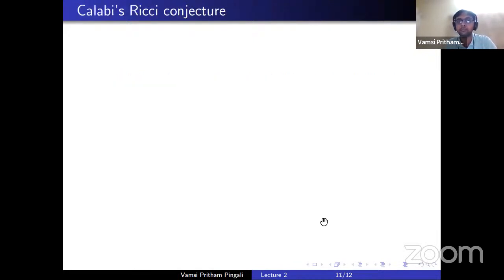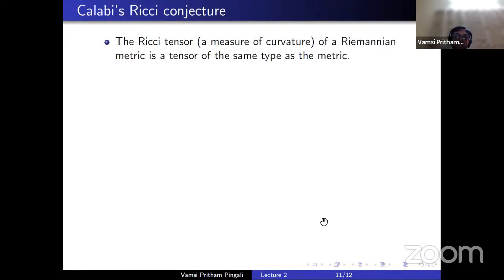So here's one more example of a conjecture of Calabi, Calabi's Ricci conjecture. Recall your Riemannian geometry, recall the Ricci tensor. This is a measure of the curvature. If you take a Riemannian metric and take the Levi-Civita connection, then you have the Riemann curvature tensor.